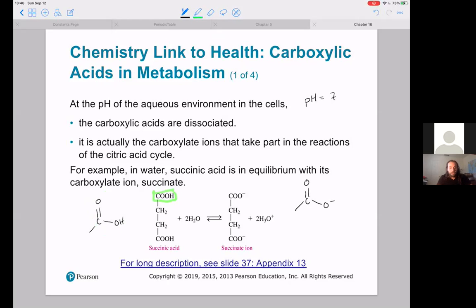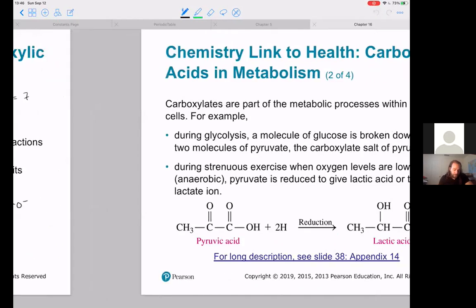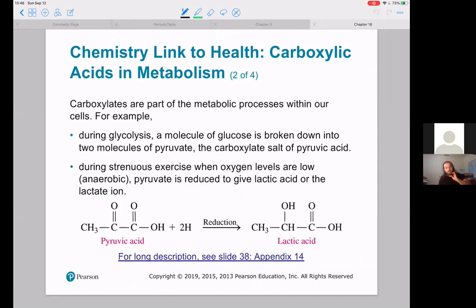Nonetheless, these carboxylates are really, really important. They play big roles in metabolism. For example, during glycolysis, which is the very start of what happens when your body is digesting sugar, the glucose molecule, so the sugar, is being broken down into 2 molecules of pyruvate, which is the carboxylate salt version of pyruvic acid.